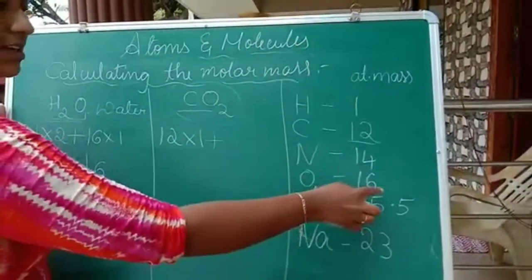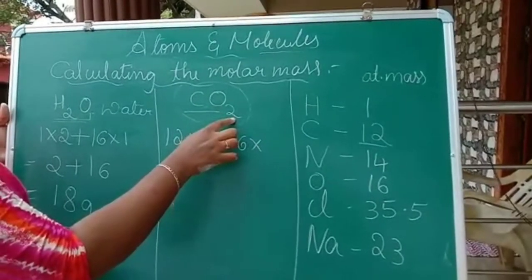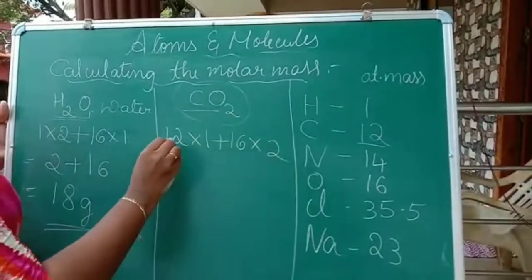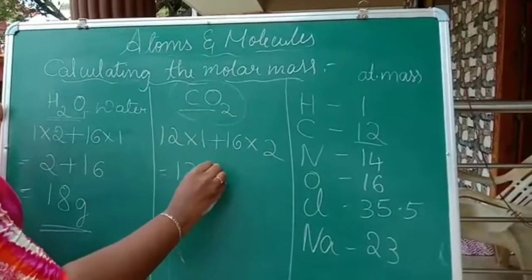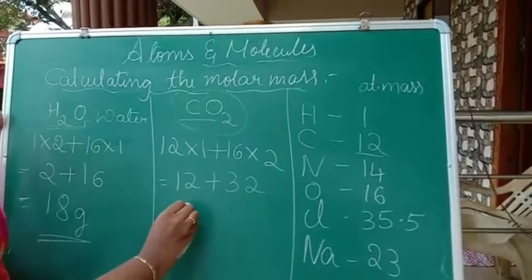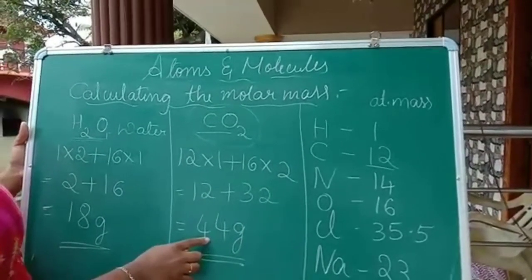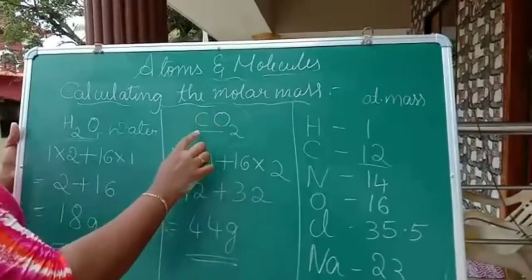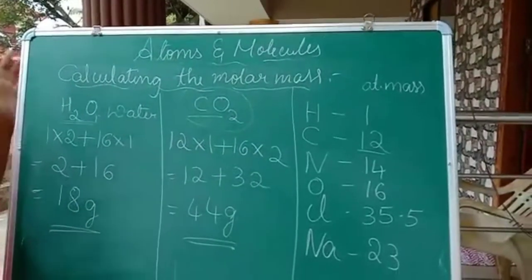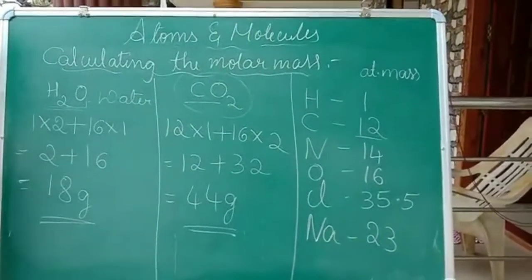Oxygen's atomic mass is 16 into how many oxygens are there here? That is 2. Now 12 ones are 12, plus 16 twos are 32. When you add it, you get 44 gram. So this 44 gram is the molar mass of carbon dioxide. So this is the molar mass of water and that is the molar mass of carbon dioxide.